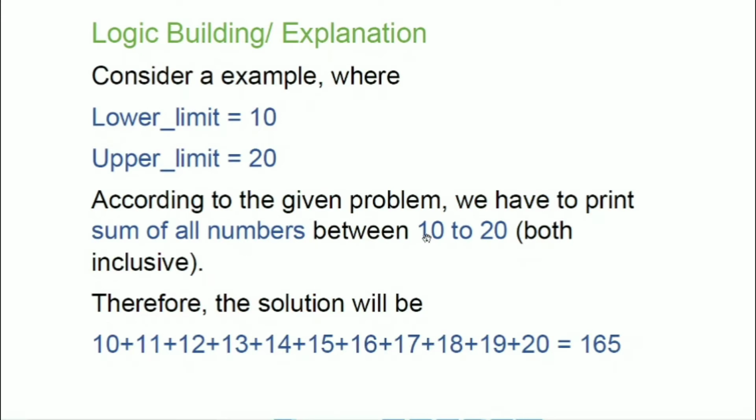What we need is a sequence of numbers from 10 to 20, and then we have to iterate over that sequence. As we all know, for iteration we use loops, so in this program we will use a for loop for iteration, and to get the sequence from 10 to 20 or any other range we will use the range function. So let us understand how exactly the for loop and range function work.